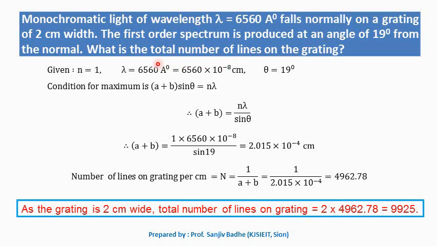So the total number of lines will be the number of lines per centimeter multiplied by the width of the grating. Width of the grating is given as 2 centimeters. So multiply this by 2 and the number of lines on the grating is obtained as 9925. So this is the final answer.